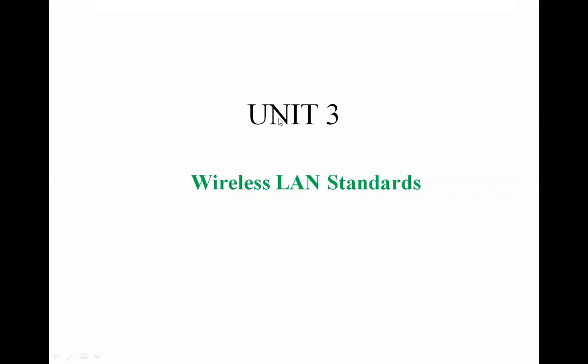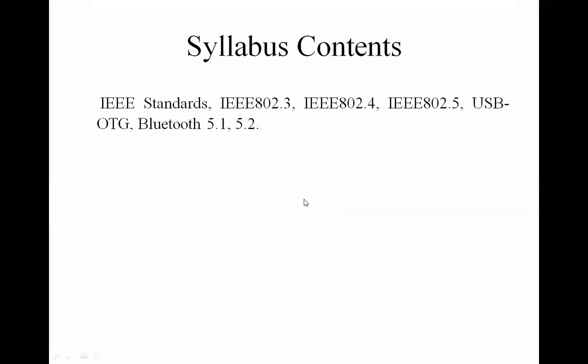This IEEE organization decides some of the standards given in the content. The contents given in the syllabus of unit 3 are the IEEE standards. I already told you the IEEE standards 802.11 A, B, C, G, and N. The next standards are IEEE 802.3, IEEE 802.4, IEEE 802.5, and the last is USB connectivity.